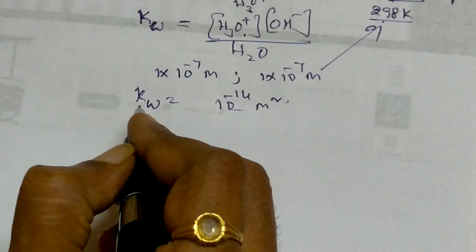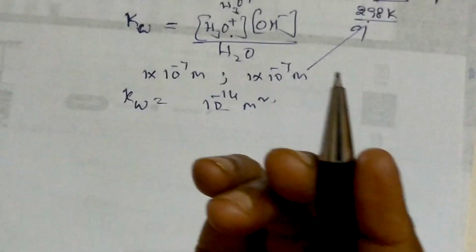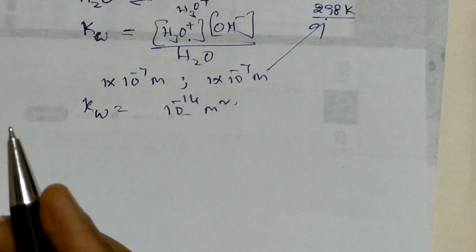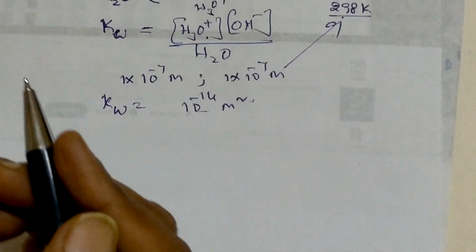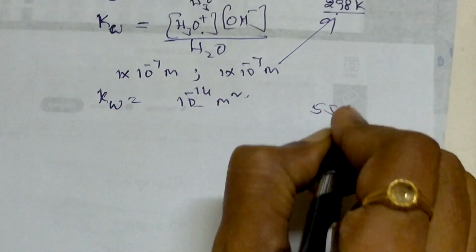Pure water has density equal to 1 at the same temperature and molar mass 18. So how many moles are in 1 liter? It is 55.55 moles.